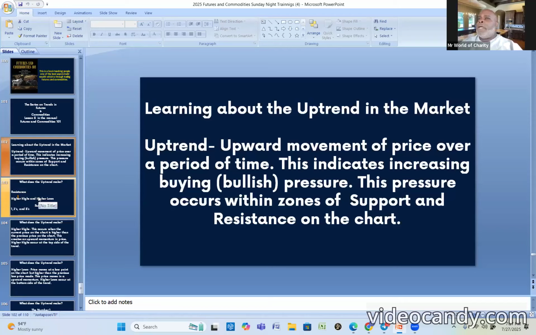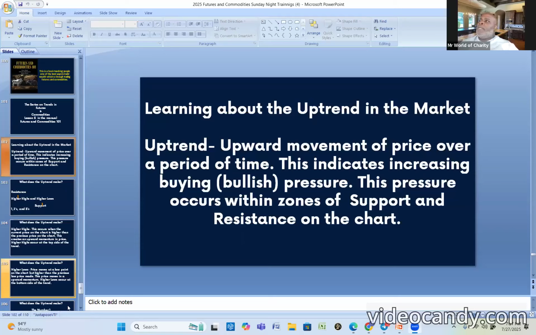Dr. Mel talks all the time about the buyers and the sellers. So we have an uptrend. We know that the buyers are in control, not the sellers. So it's pressure within the support and resistance area. You'll see that that means we're going to have higher highs and higher lows when we're in an uptrend. So remember that.